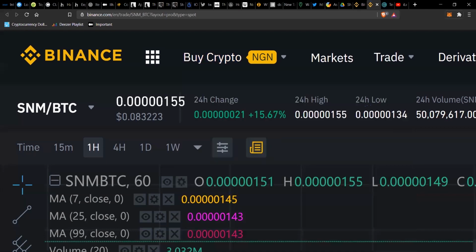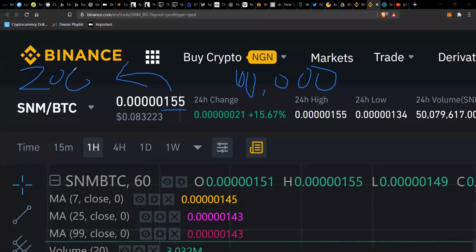What do I mean? Let's say I buy this coin at 155 Satoshi, and Bitcoin is trading at $100,000 when I bought this coin. And then I finally sold when it got to, let's say, 200 Satoshi. Now, in one place, I can be saying, oh, I've made profits.